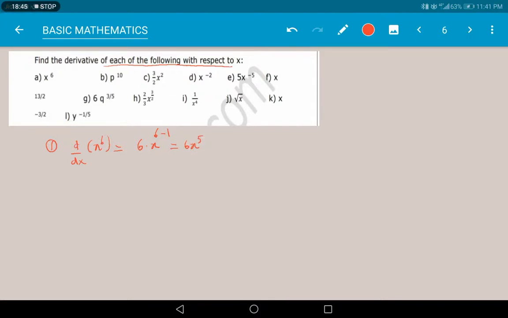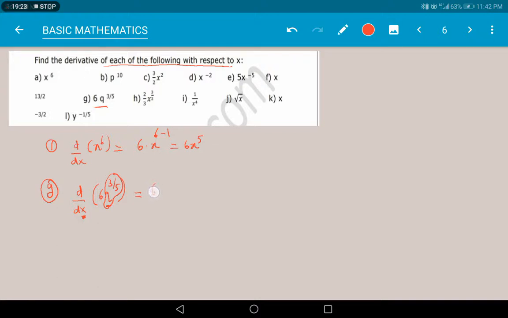Right, I will do random problems here. Let us take this one, d by dx of 6q to the power 3 by 5. I told you that already. Here we are differentiating with respect to x, but the function is not in terms of x. In that case we differentiate the function as if it is an nth power, and then we write dq by dx.